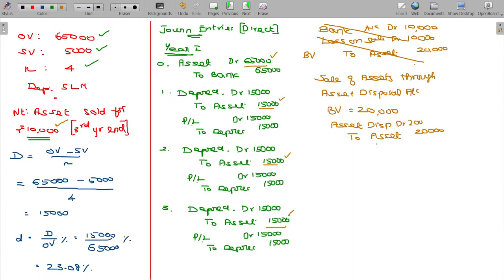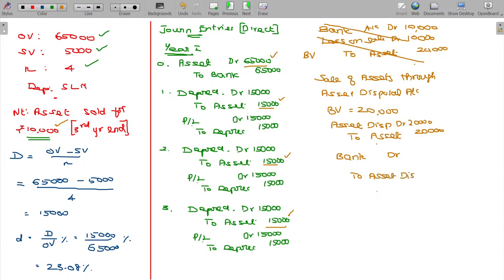Value being 20,000. Now you can sell from the asset disposal account. On sale, the entry is bank account debit to asset disposal. Asset disposal is a temporary account, you can treat it as a nominal account.